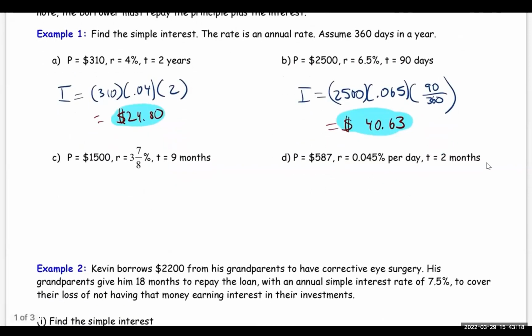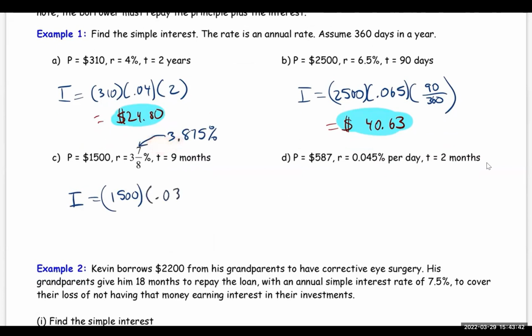Okay, the next one says interest is equal to principal amount times the interest rate. Notice that it's 3.78, well, 7/8. If you divide that on your calculator, 7 divided by 8 is 0.875. And then you have to convert to a decimal by moving the decimal 2 spaces to the left.